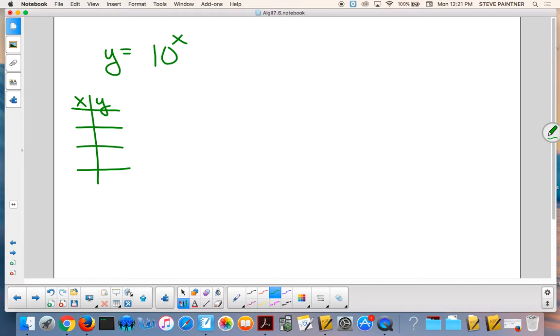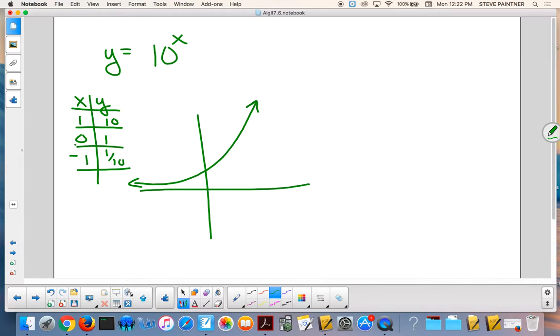If you put numbers in for x like 0, 1, -1, you get 1, 10, and 1/10. If you graph it, because it's growth, it would go like this. See this point, 0, 1? Right here. That's an exponential equation base 10.